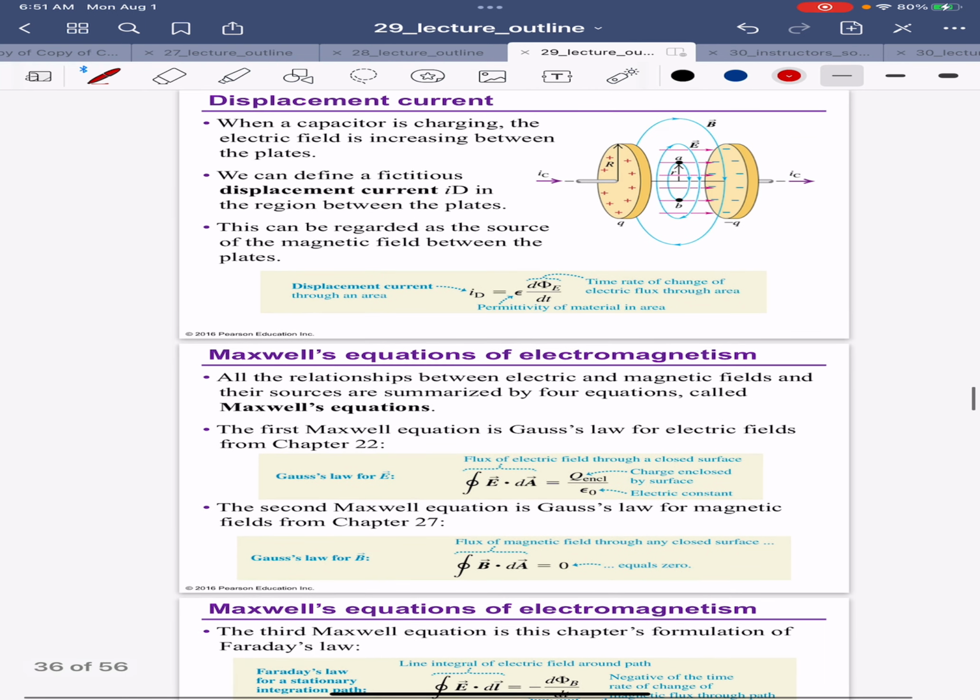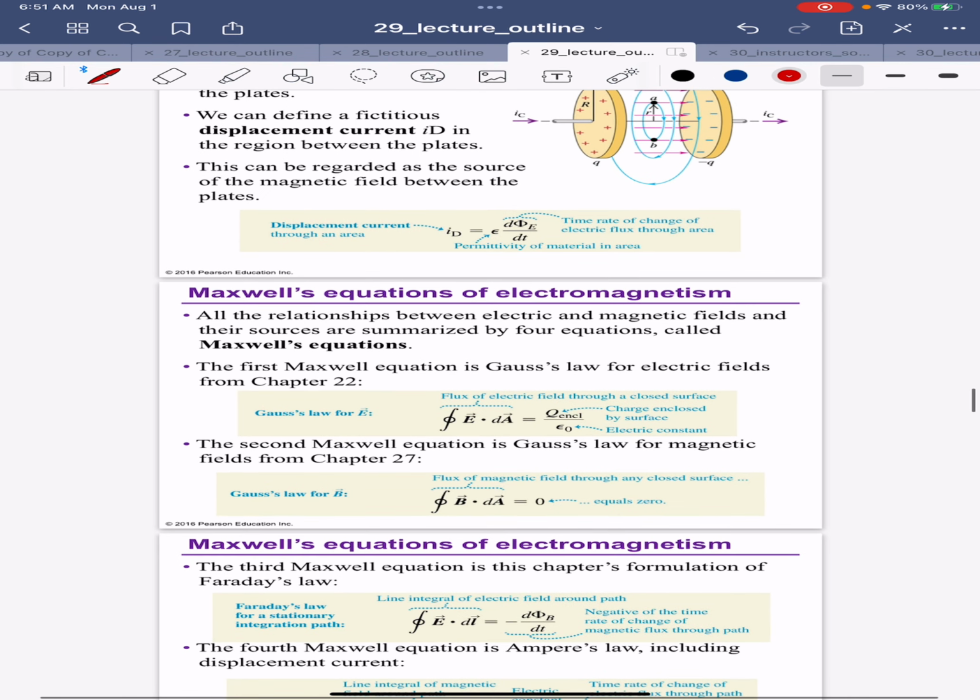Okay, finally, Maxwell's equations of electromagnetism: all the relationships between electric and magnetic fields and their sources are summarized in these 4 equations. These are really very important. The first Maxwell equation is Gauss's law, where the integration over an enclosed surface of E dot dA equals Q enclosed divided by epsilon 0.